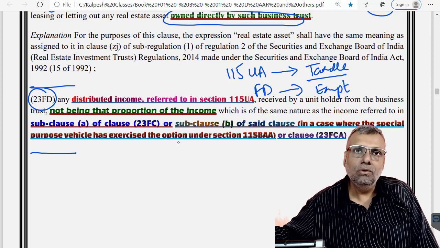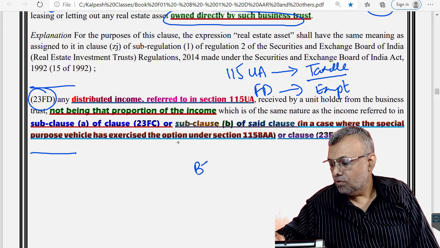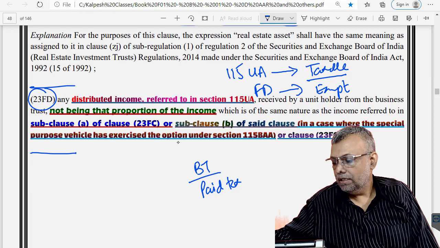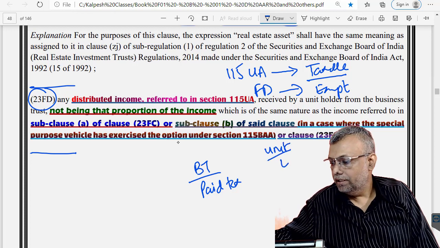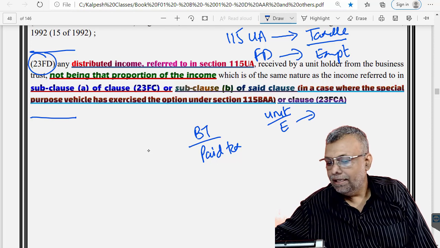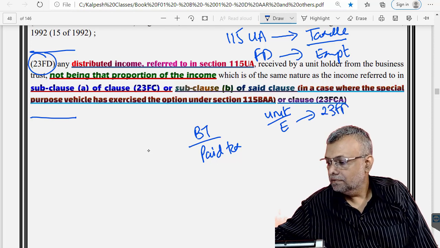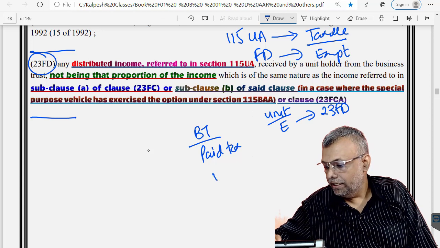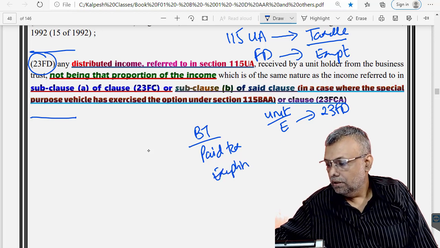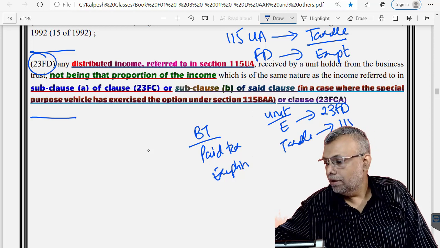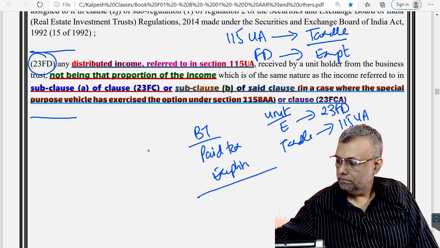So quite natural, no, that if the business trust has already paid the tax on that, then in the hands of the unit holder it should be exempt. This is covered by 10(23FD). Logically, if the business trust has already taken the exemption, then it will be taxable in the hands of the unit holder. That is provided by the 115UA provisions.